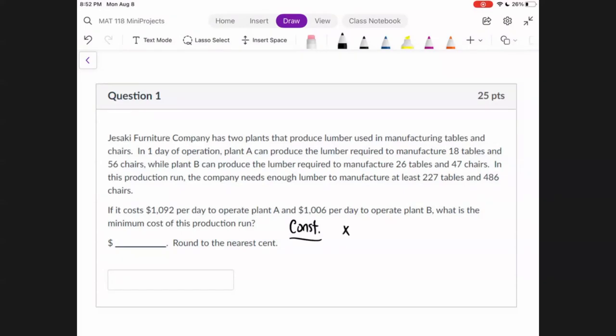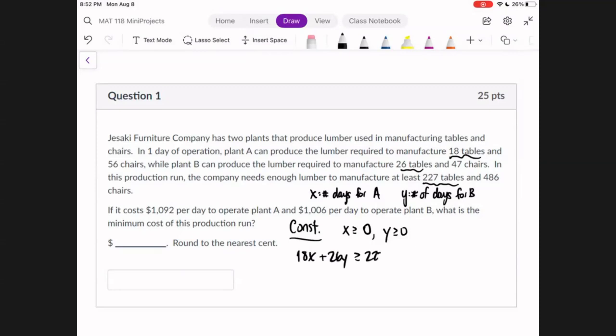So pretty much we know the basic ones, X and Y, and let's say X is the number of days for plant A, and Y is the number of days for plant B. So let's do an equation that relates the table totals. 18 is with A, so 18X plus 26Y is greater than or equal to 227.